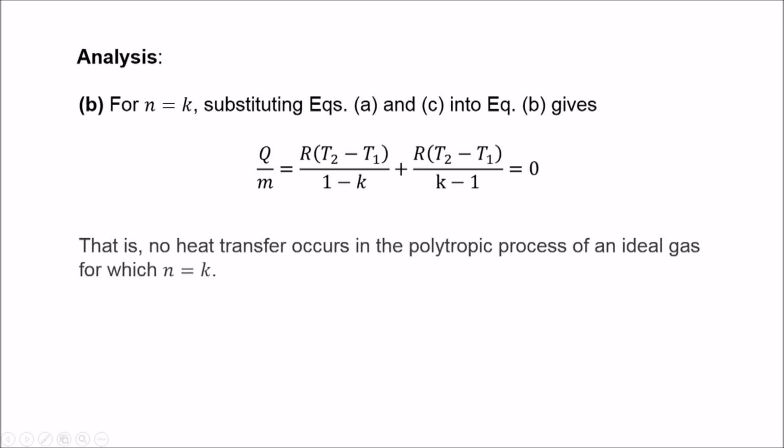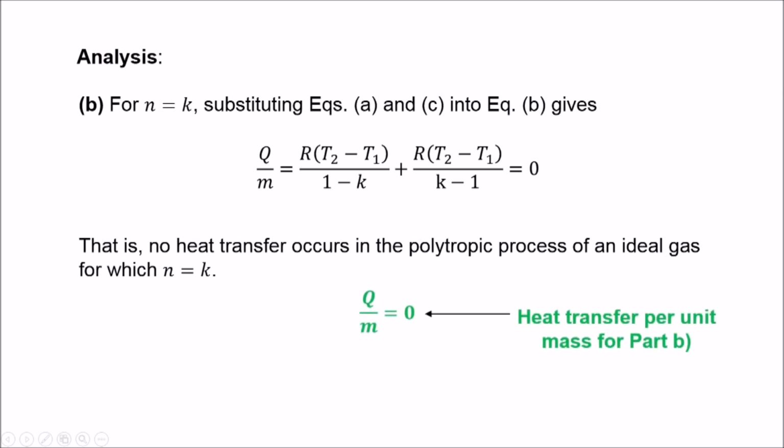This indicates that no heat transfer occurs during the polytropic process of an ideal gas for which n is equal to K. In other words, the limiting case where the polytropic exponent is equal to the ratio of specific heats is the adiabatic case, as shown analytically above. Q over m equals 0 was the answer we were looking for in part B.